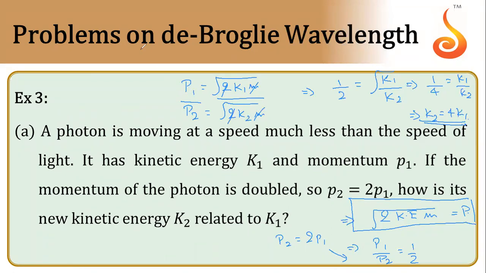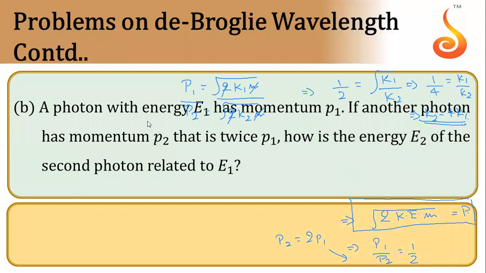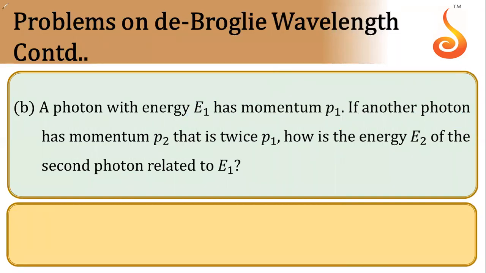Let's move to the second part of this question. The photon of energy E1 has momentum P1. They have given the energy of the photon.